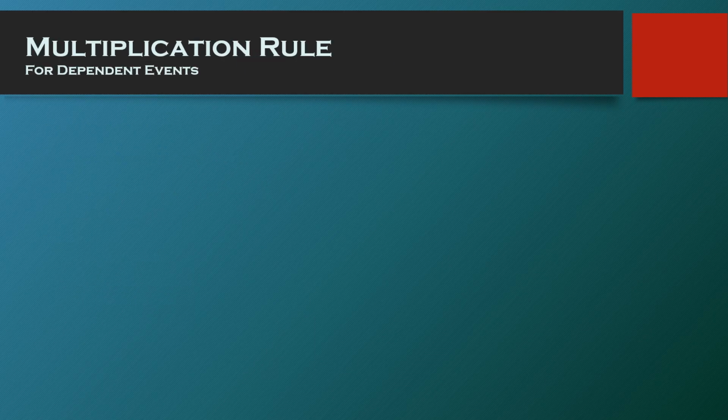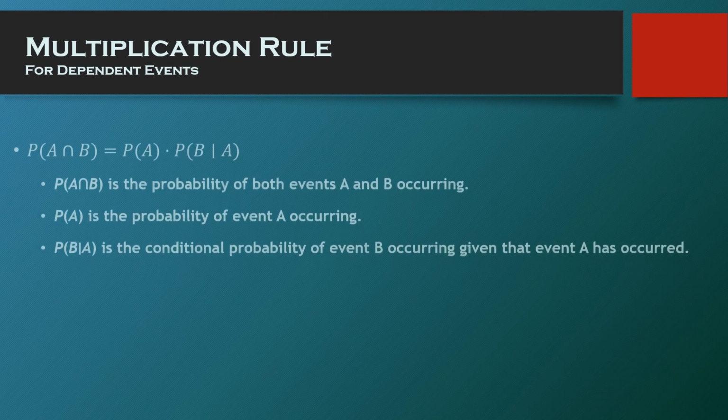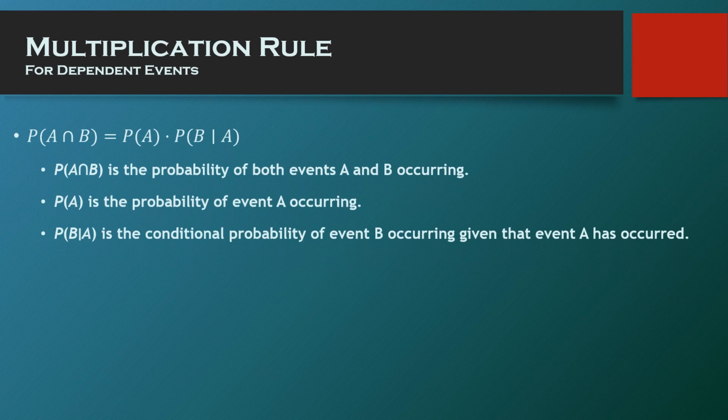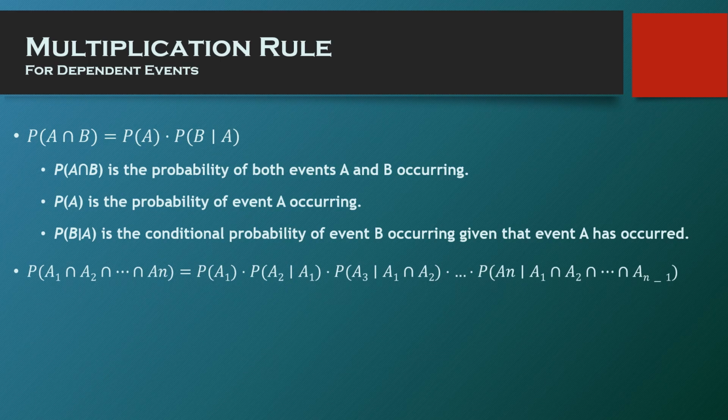According to the multiplication rule of probability, the probability of occurrence of both the events A and B is equal to the product of the probability of A and the conditional probability that event B occurs given that event A occurred. Generalization of the multiplication rule for n events is given here.